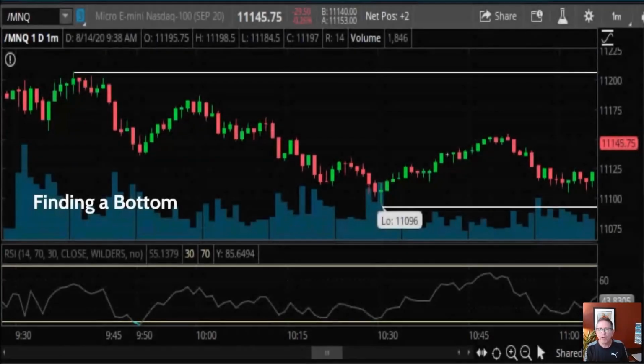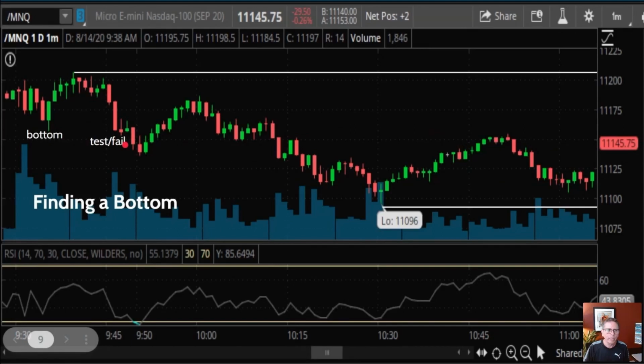Let's talk about finding a bottom. Here's your IB levels. In this case, it didn't breach right at 10:30 and you had a low there. So it went down further, now it went up again, and we got this bottom now. So we established a bottom, and now you wait.